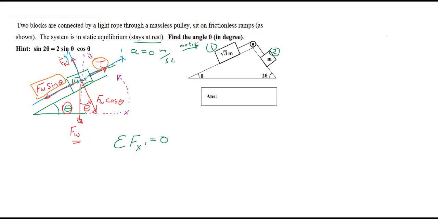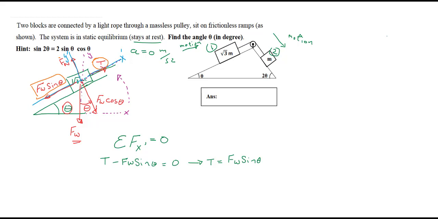So we can take one up and the other one down, just to make our life easier. Now, it's going to be T minus FW sine theta equals 0. Then T equals FW sine theta.